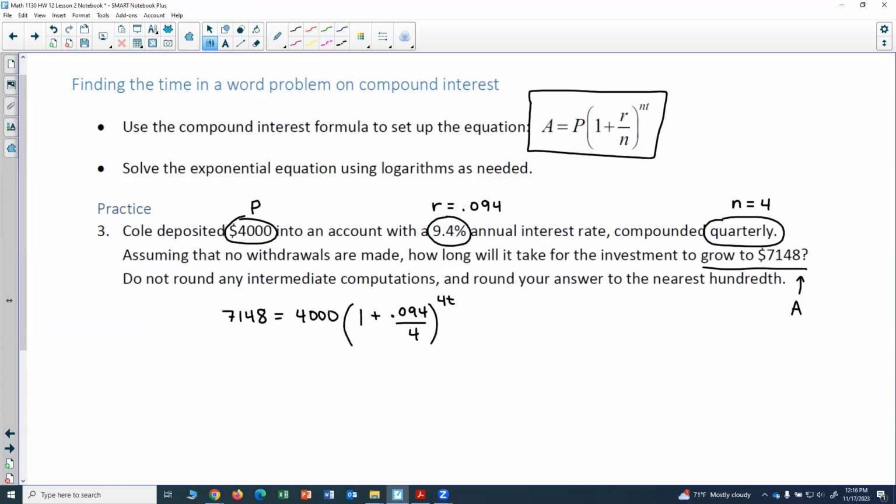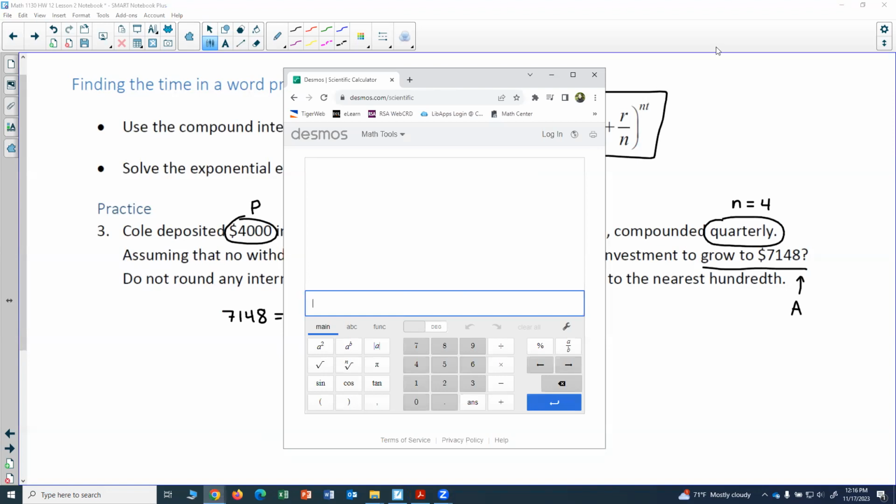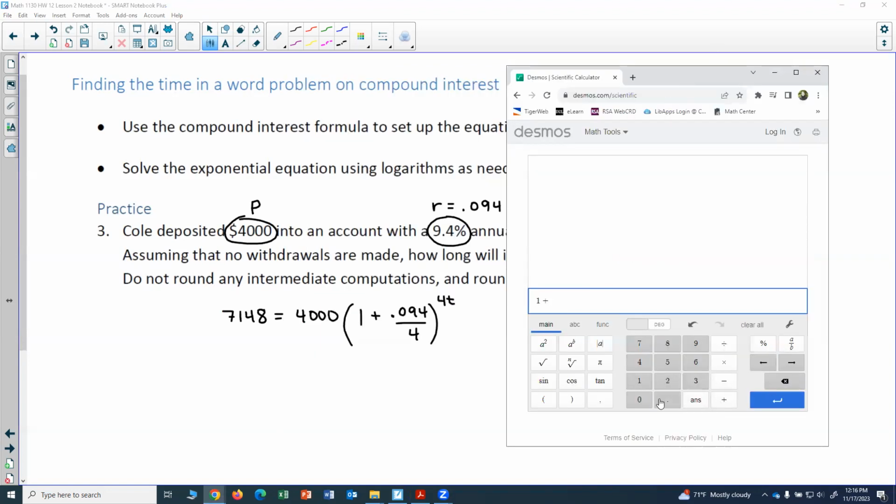All right, so I want to try to simplify if possible. And what I'll do first is I'll go ahead and compute 1 plus 0.094 over 4. So that gives me 1.0235, and that's exact, so I can go ahead and use that. It says do not round any intermediate answers, but I'm not rounding if I use the whole number here.